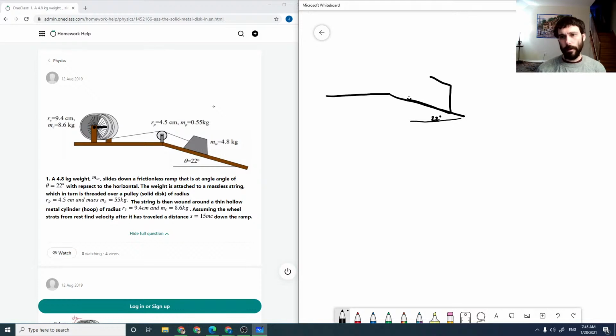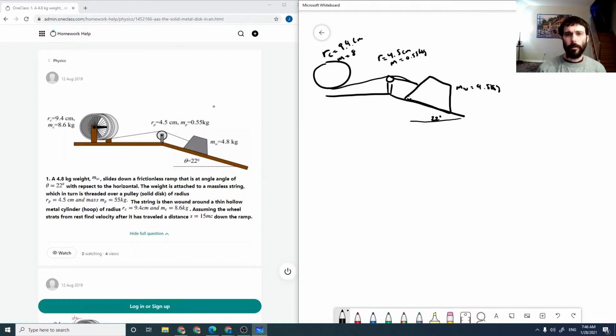Okay, so we've got our weight, and it's attached to a pulley, which is attached to a cylinder. And then the pulley is a disc of radius 4.5 centimeters and mass 0.55 kilograms. And the cylinder is radius 9.4 centimeters and mass 8.6 kilograms.